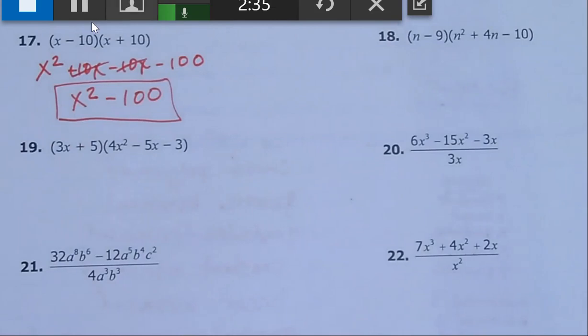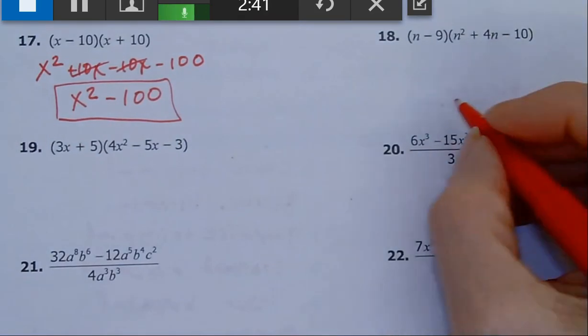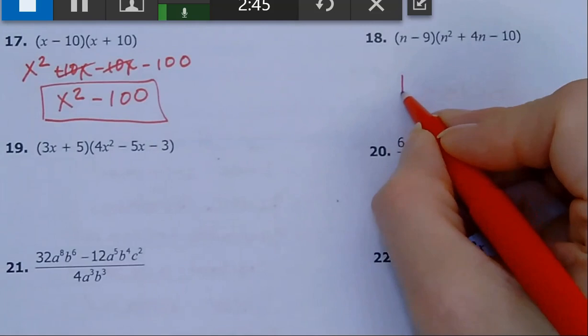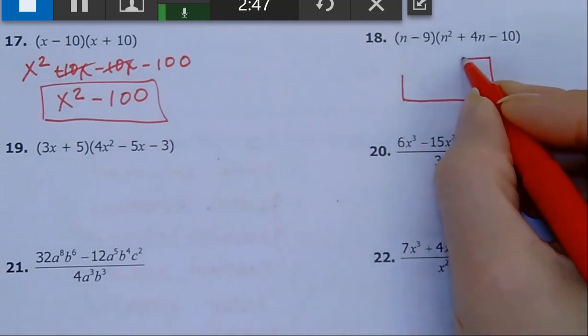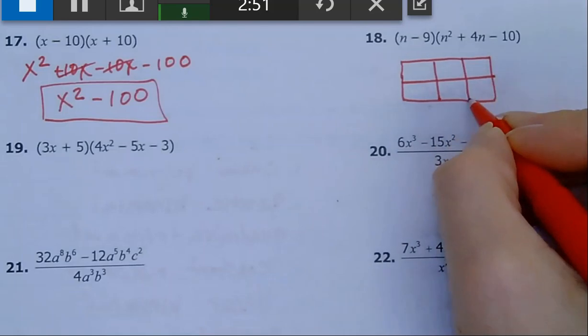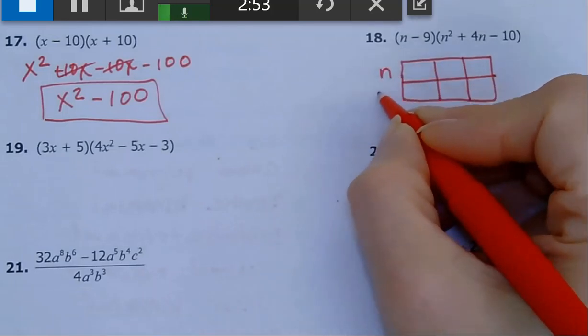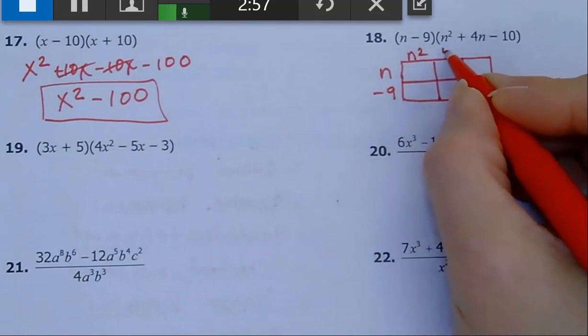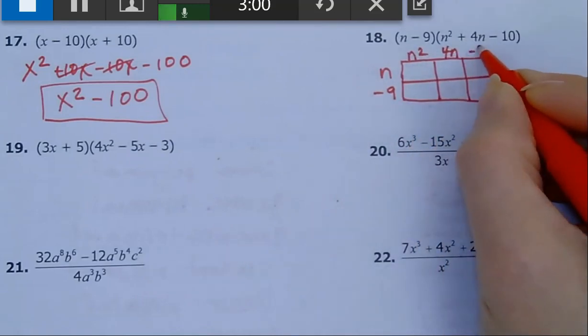Okay, and so let's look at our next one. We have a binomial times a trinomial. I'm going to make a box because that's what I like to do as soon as I have a trinomial to deal with. So my box is going to look like that. I have n minus 9, and then I'm going to have n squared plus 4n minus 10.